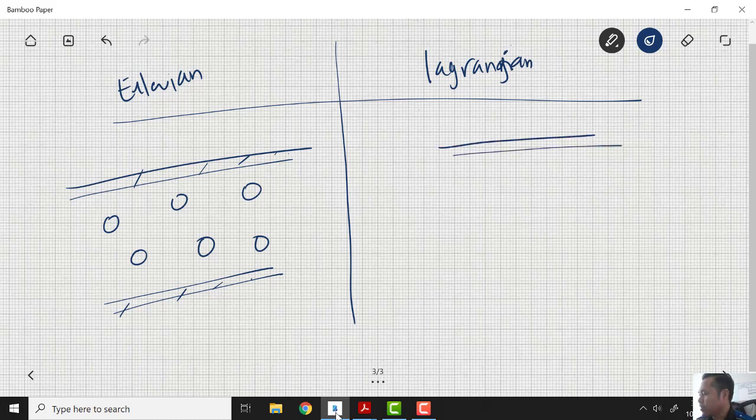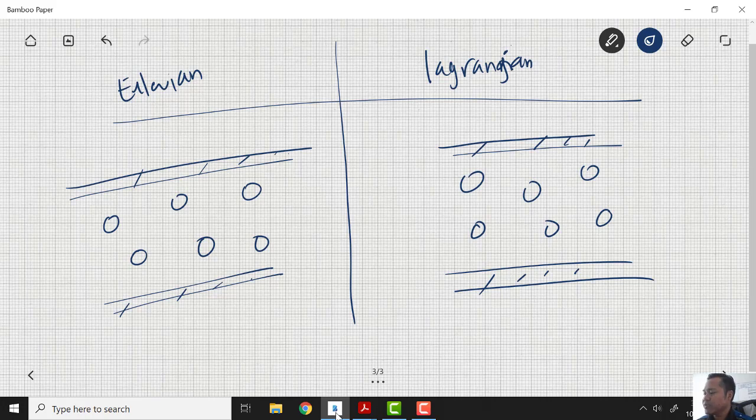When you are using the Lagrangian concept, we are looking at the velocity and the vector of every single molecule in the water.